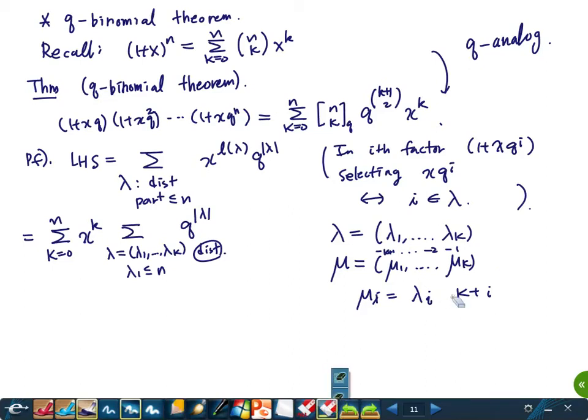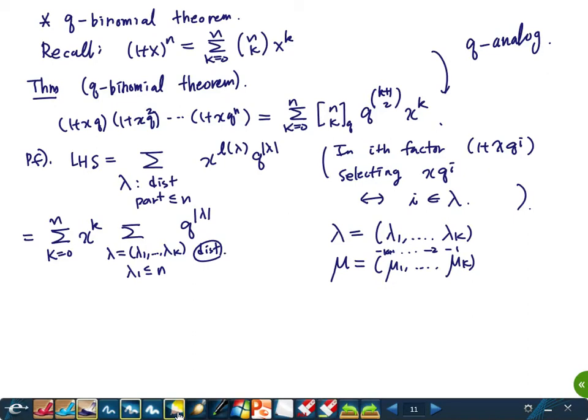This is equal to this minus k plus 1. This is equal to this minus k plus 2, etc. You see what I mean?